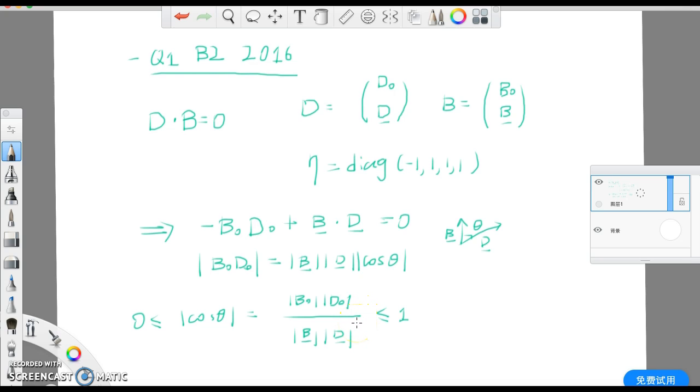Now, so far the thing is very easy to do. The reason I'm talking about this question is because the official answer says, okay, the physical meaning of this expression is when one 4-vector is time-like, the other vector is space-like, and vice versa.